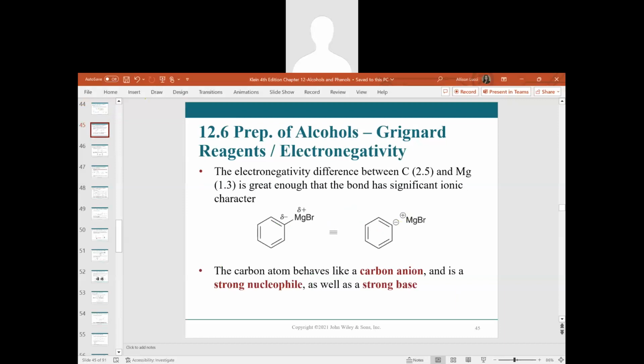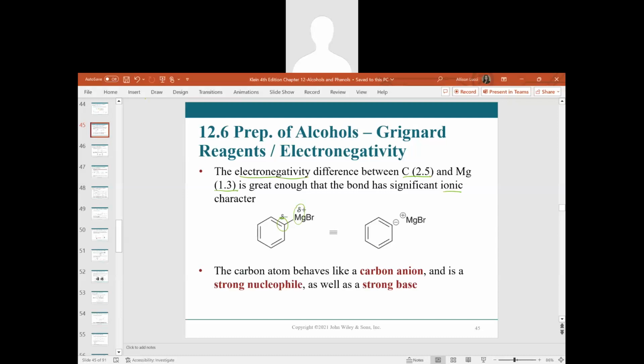So we should note that the electronegativity difference is how this reagent works, because of the difference between the carbon and magnesium that is inserted into that alkyl halide. We see that more of an ionic type of bond exists because of the difference in electronegativity between magnesium and carbon here.